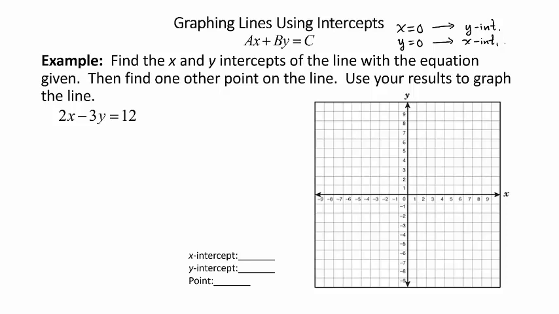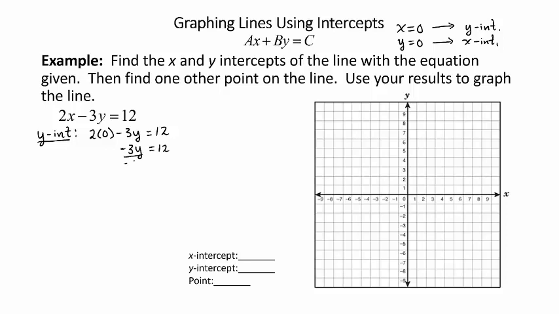Okay, so if we're trying to find the y-intercept, we're going to let x be 0. So we're going to say 2 times 0 minus 3y is equal to 12. Well, anything times 0 is 0, so we have negative 3y equal to 12.